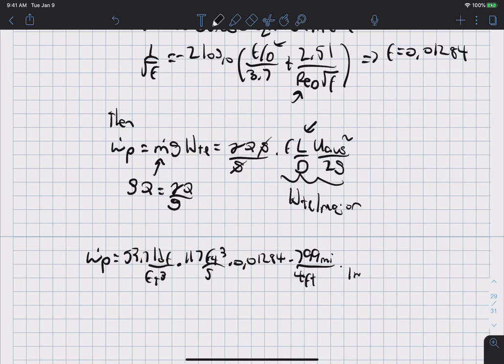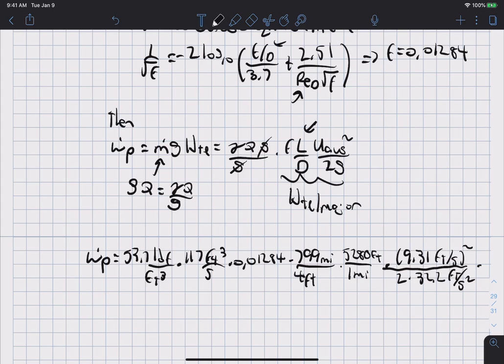So 1 mile is 5,280 feet, times the average velocity squared, which was 9.31 feet per second, and I'm going to square the whole thing, divided by 2 times 32.2 feet per second squared.